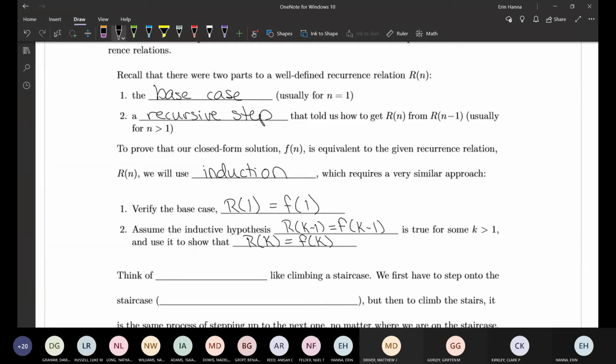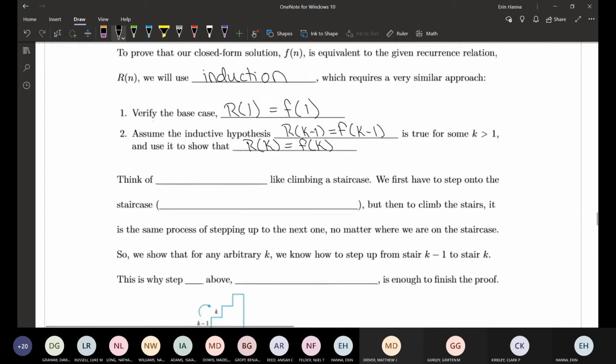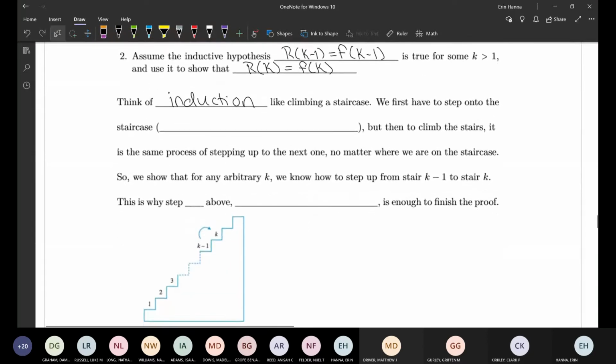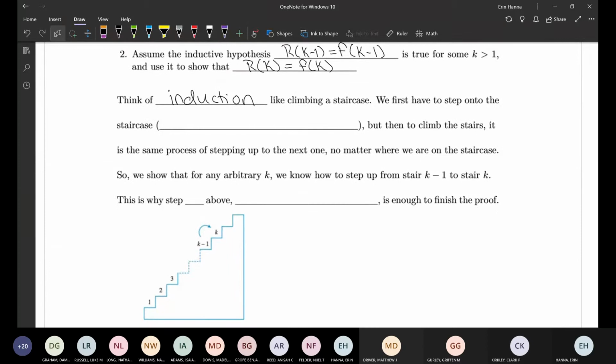Why the heck does that work? Here's a generic, semi-wishy-washy idea of why it works. Think of induction like climbing a staircase. So we have this little staircase going on.